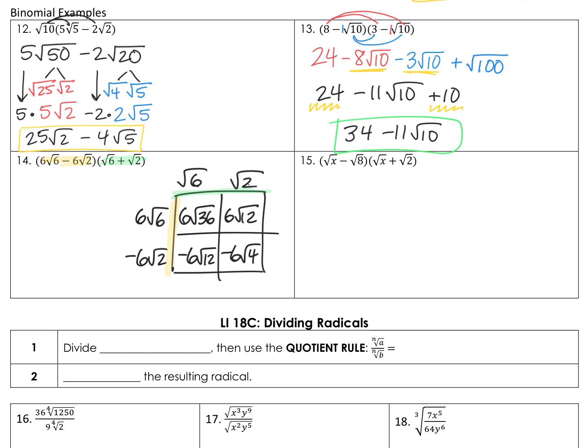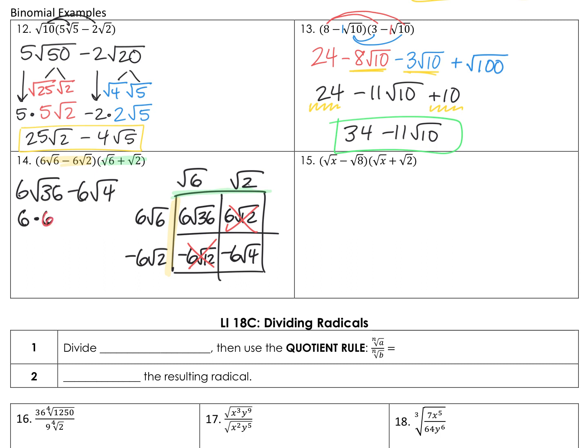Okay, do you see some like terms? Yeah, what's going to cancel? These ones, right? That's convenient. So then you're left with just this. I'm going to rewrite it out: 6 root 36 minus 6 root 4. Okay, you know some of these are perfect. What's the square root of 36? 6.